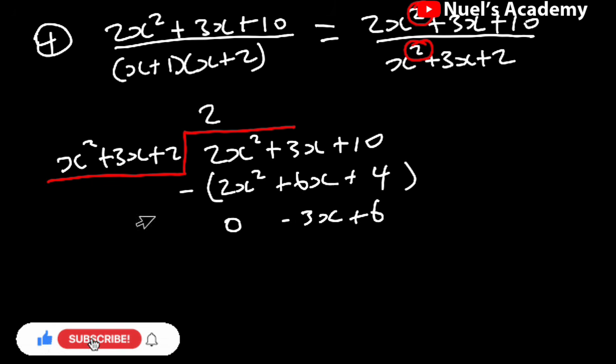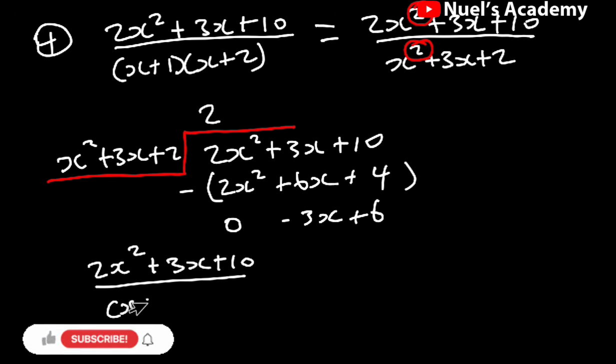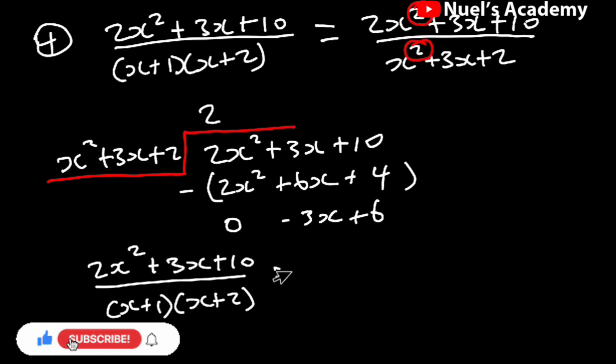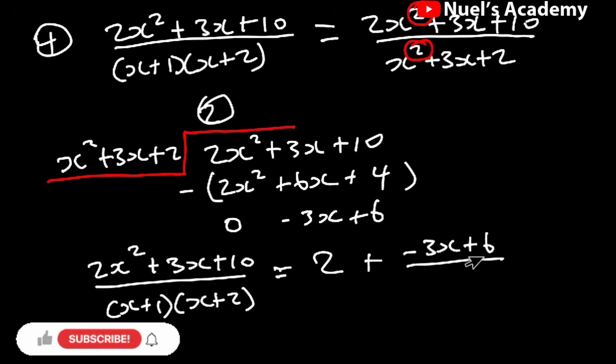Now we're going to have 2x squared plus 3x plus 10 divided by x plus 1 multiplied by x plus 2, and this is going to be equal to 2, which is the quotient, plus the remainder, which is minus 3x plus 6 divided by the divisor, x squared plus 3x plus 2.